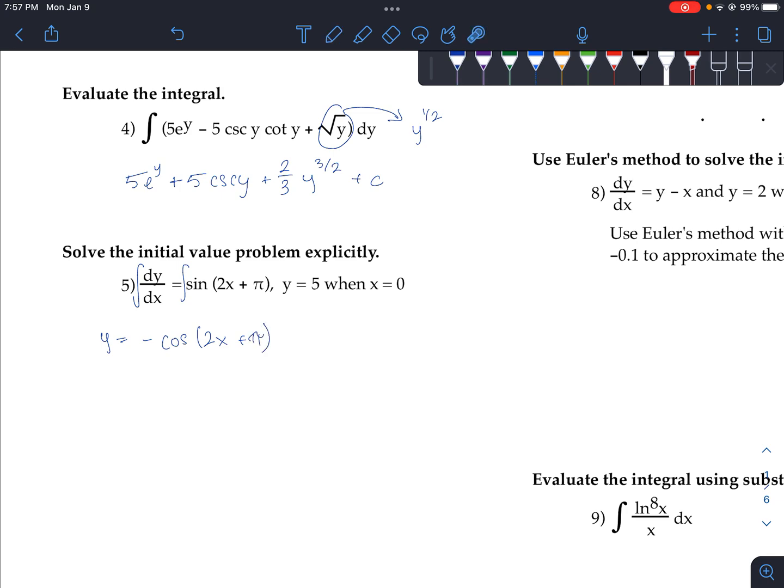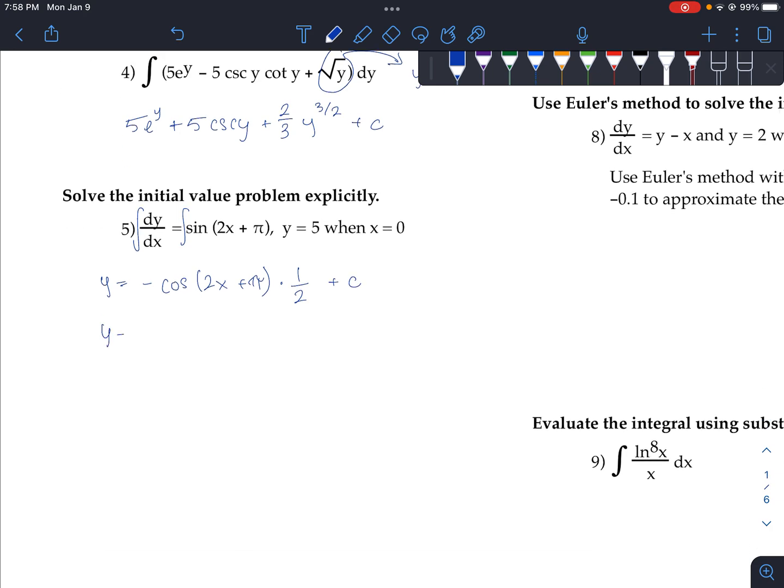Now also keep in mind that this has a constant of 2, so inverse chain rule would say I would have to multiply by 1/2. And then we would have plus some constant. So in other words, we would have y is equal to negative 1/2 cosine of 2x plus pi plus c.